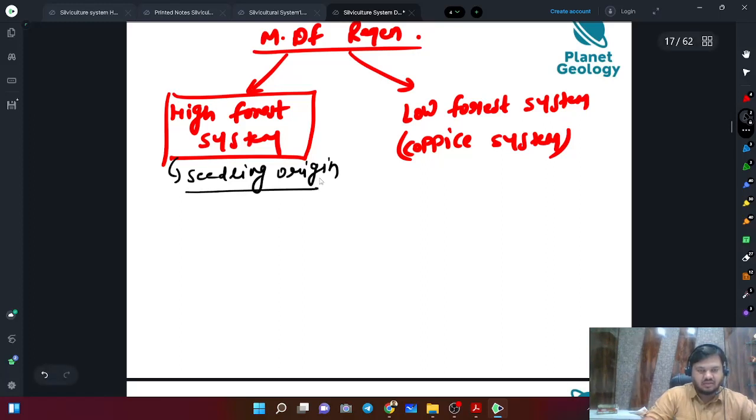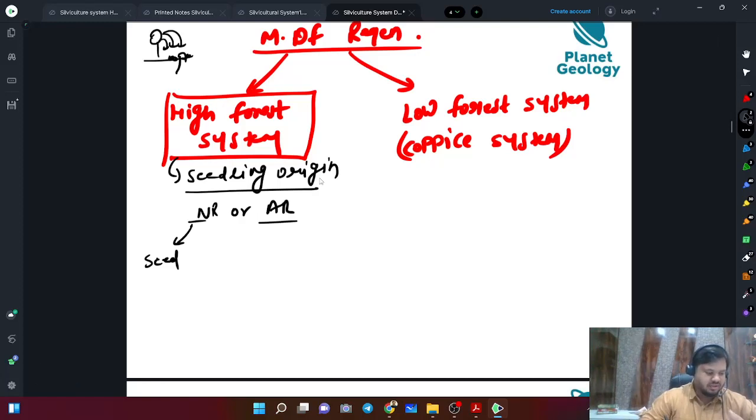So this could be natural regeneration or artificial regeneration. We discussed this earlier also. It could be through seeds, right? Maybe there is a forest, there is a mature tree, and the seeds keep falling, right? So there could be regeneration because of these seeds, the germination of these seeds, right? So this is one way.